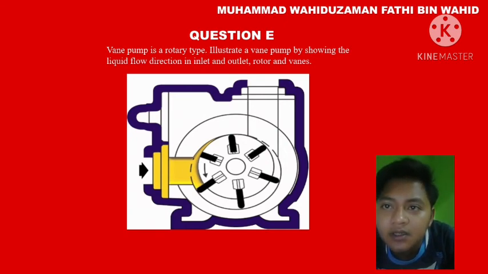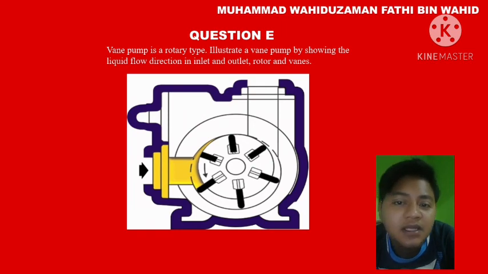First, a slotted rotor is eccentrically supported in a cycloidal cam. The rotor is located close to the wall of the cam, so a crescent-shaped cavity is formed. The rotor is sealed into the cam by two side plates. Vanes or blades fit within the slots of the impeller.